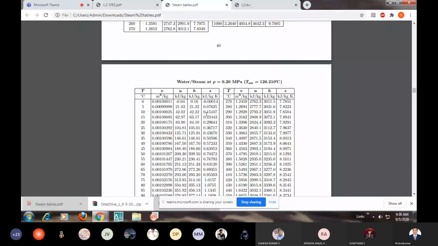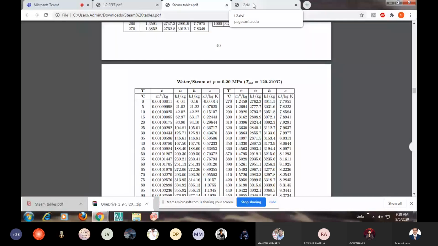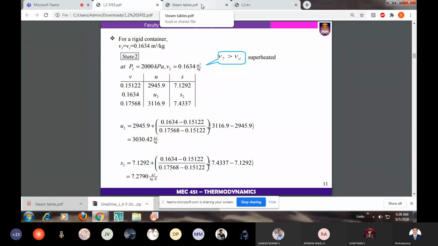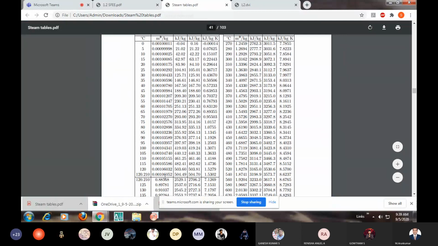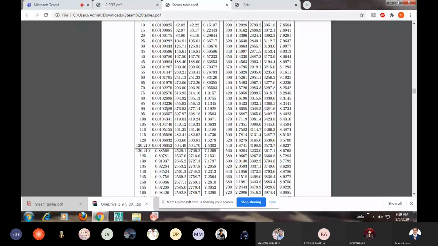You can directly go through this table and take these values at the specific volume 0.1634. If the specific volume V2 of 0.1634 is available, then we can directly take it, or we have to interpolate.